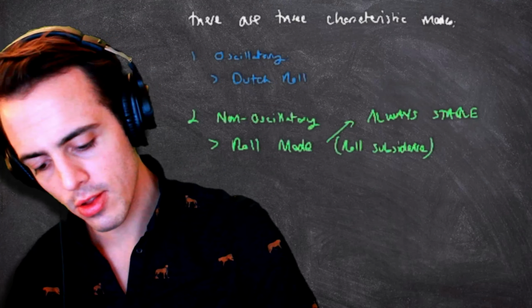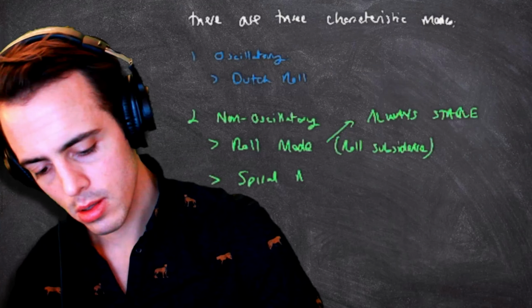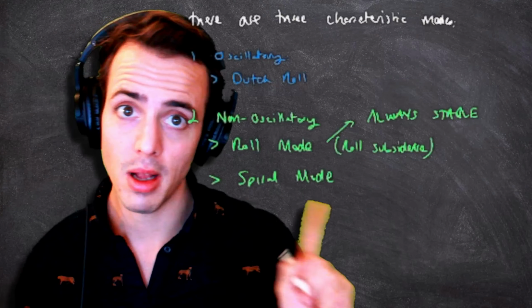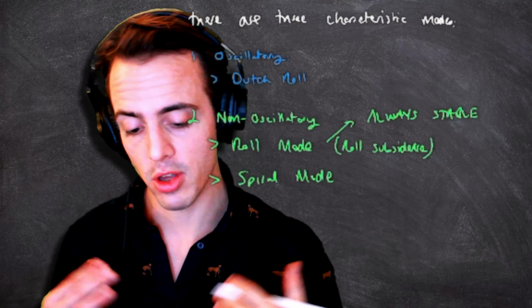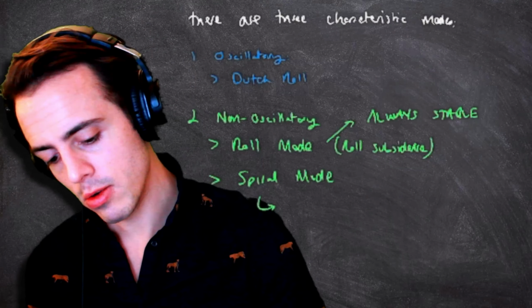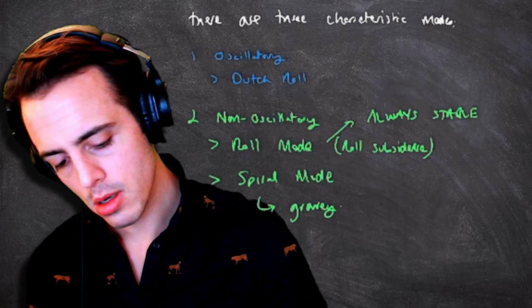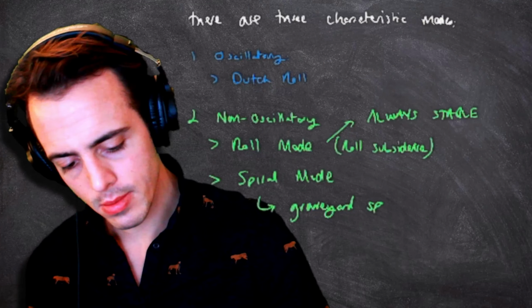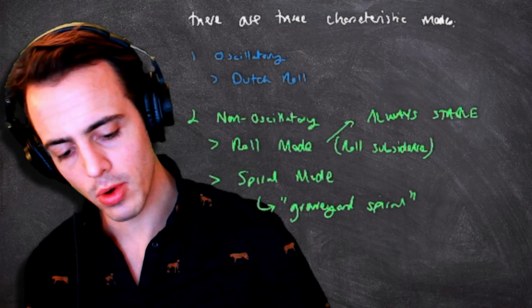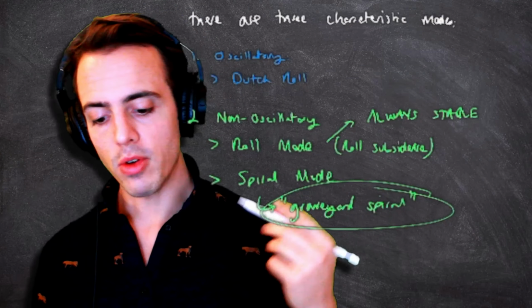And the other non-oscillatory mode is the spiral mode. This one can be unstable, and can be unstable in a controlled aircraft, in an aircraft that can be certified, but it can be dangerous because it can lead to the so-called graveyard spiral. And this is particularly dangerous, and we'll talk a little bit about this. So let's talk about these modes.